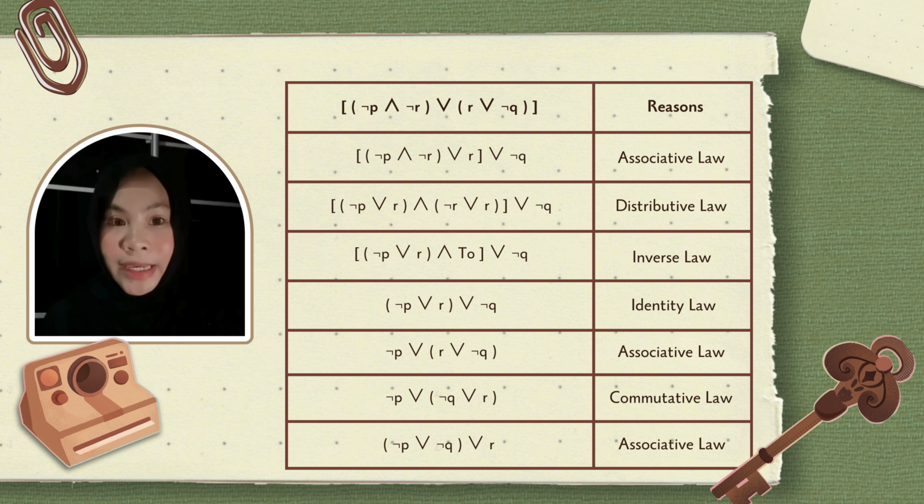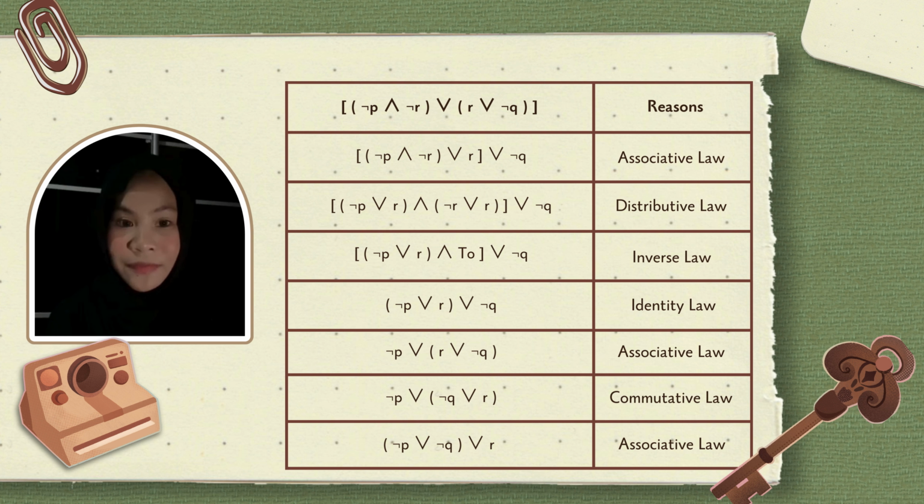Next, we get negate P or R and negate R or negate Q using distributive law. Then, by using inverse law, we get negate P or R and tautology or negate Q. After that, we simplify that to negate P or R or negate Q using identity law. And then, we use associative law to get negate P or R or negate Q.